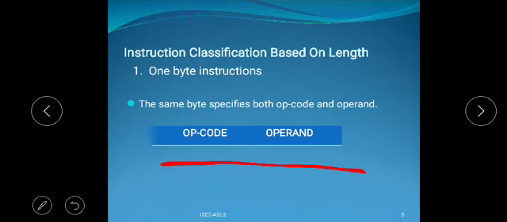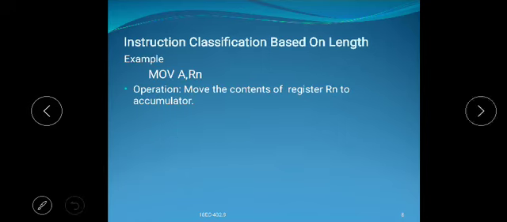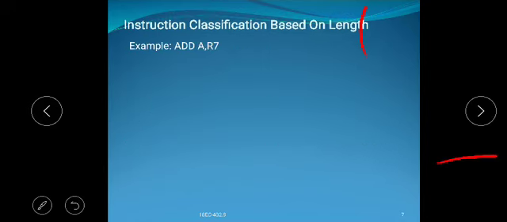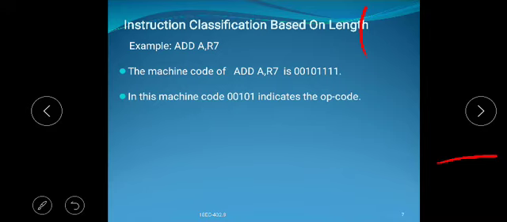In this format, the operand may be a register or registers, and in some cases it may be absent or implied, like INC A. INC A, Rn is not a 1 byte instruction.